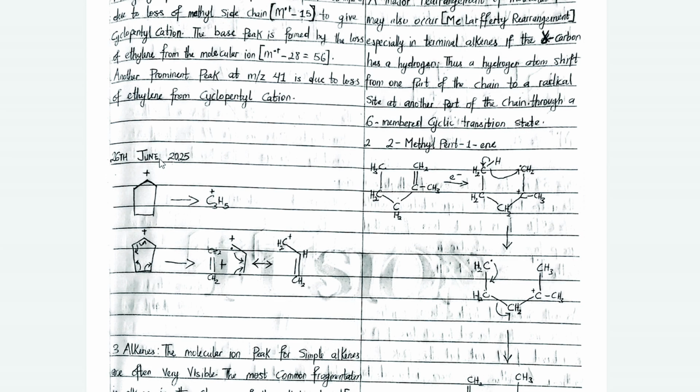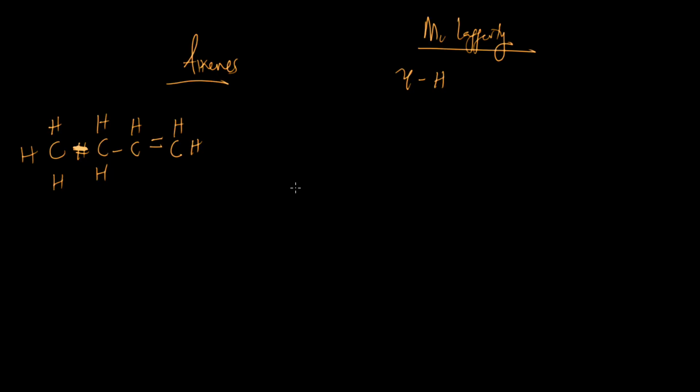We label this as the alpha, this as the beta, and this as the gamma, right? So let's see now. We'll call this the alpha, we'll call this the beta, but there's no gamma here. So this particular one cannot undergo McLafferty rearrangement because it does not have gamma hydrogen.